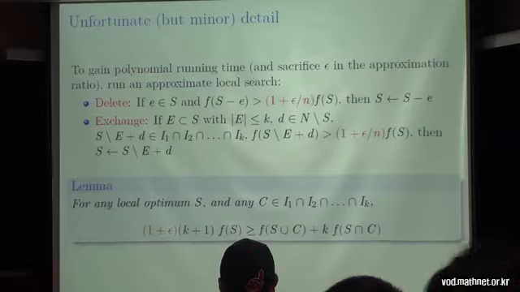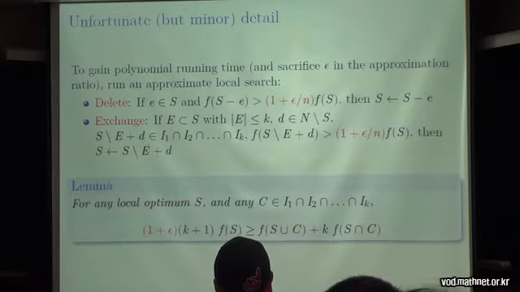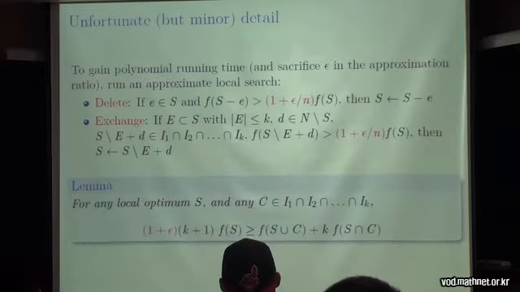There's an unfortunate detail about all this. That local search algorithm doesn't run in polynomial time. It gets you within that factor, but it might take exponential time. To make it polynomial time, you sacrifice a little bit.